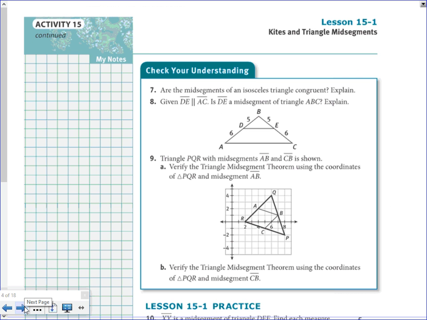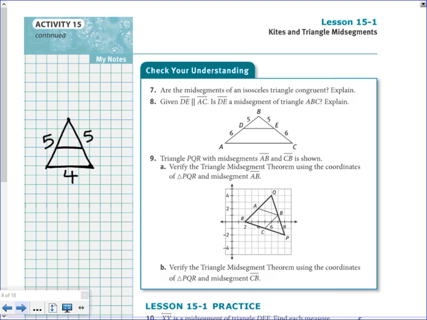Are the midsegments of an isosceles triangle congruent? Explain. So I'm going to draw an isosceles triangle. So this side length is 4. I'm going to say this side length is 5. It's not drawn exactly to scale, but just to make it a little bit easier rather than having radicals.